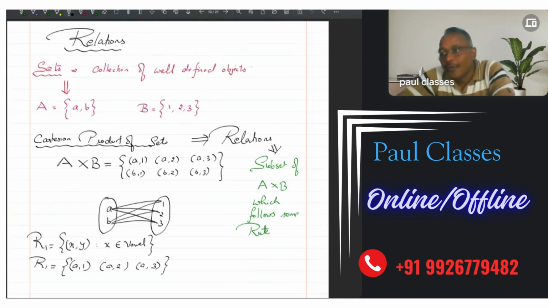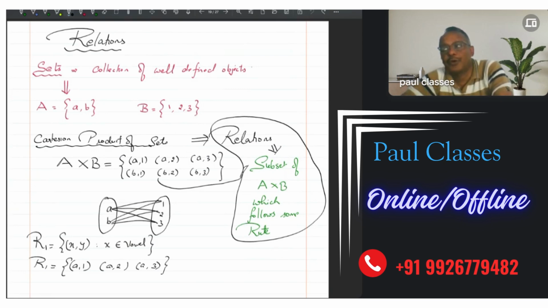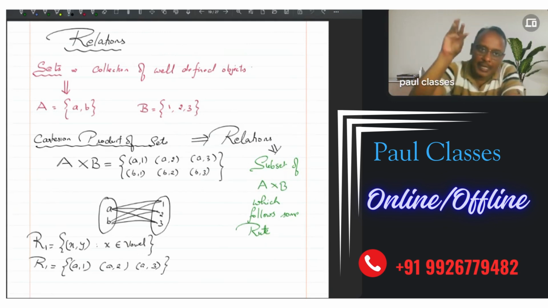Right? What comes next after Cartesian product is a relation. When we say a relation, we actually take relation as a subset of the Cartesian product. What is a relation? A relation is a subset.